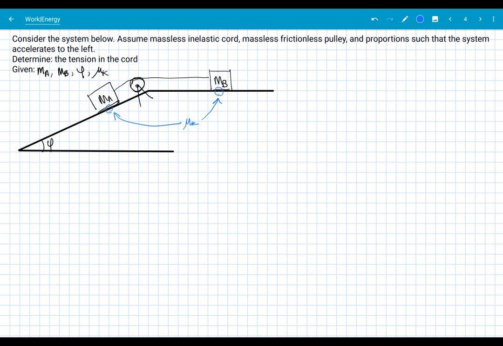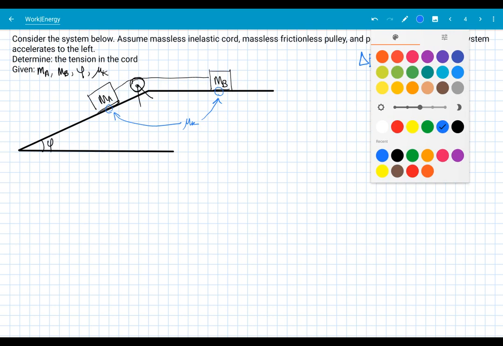Remember that we're going to be using energy conservation, which tells us that the change in mechanical energy is equal to the sum of the works by our non-conservative forces. And we want to remember that the definition of work is the scalar product of force and displacement. So it might be good to start by taking an inventory of what our non-conservative forces are.